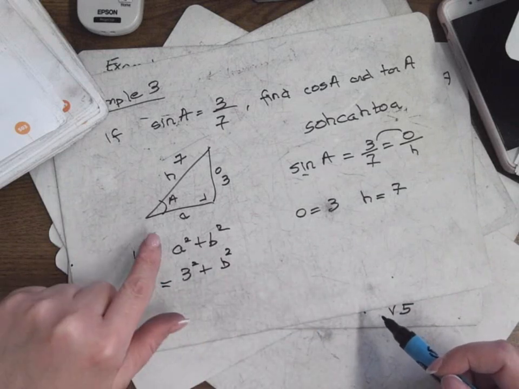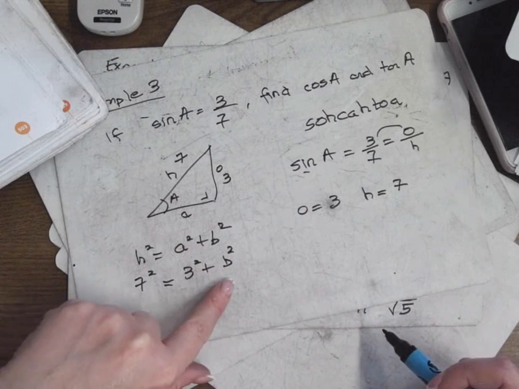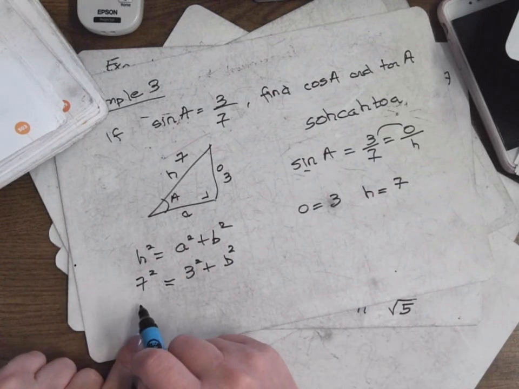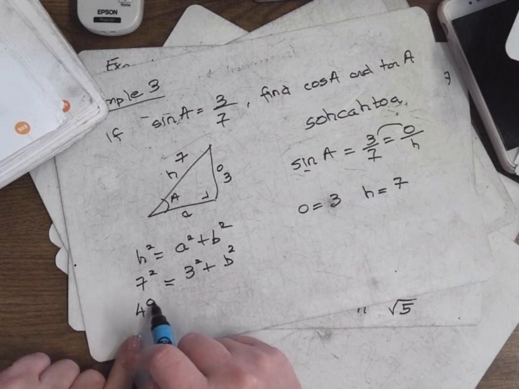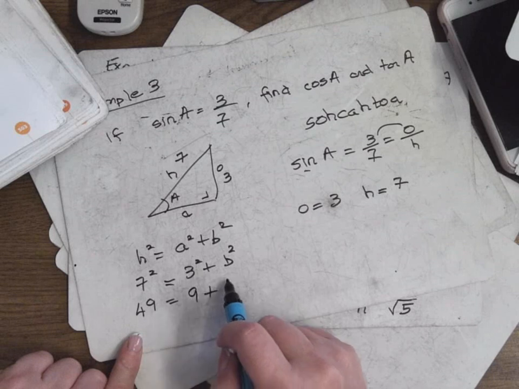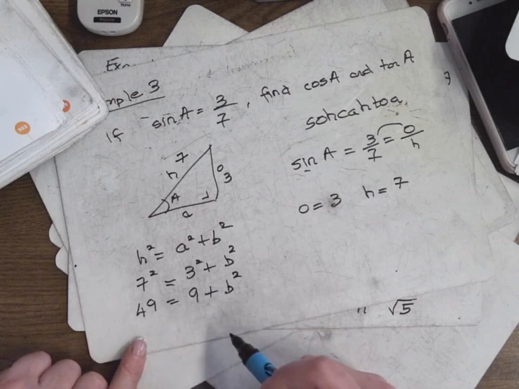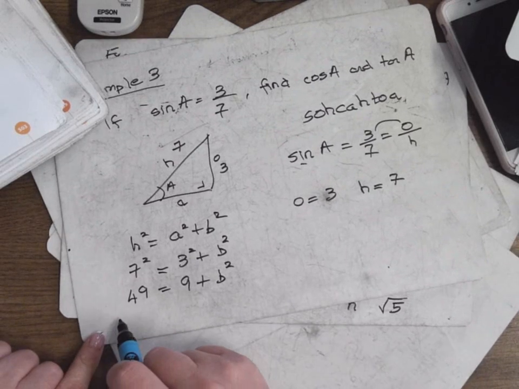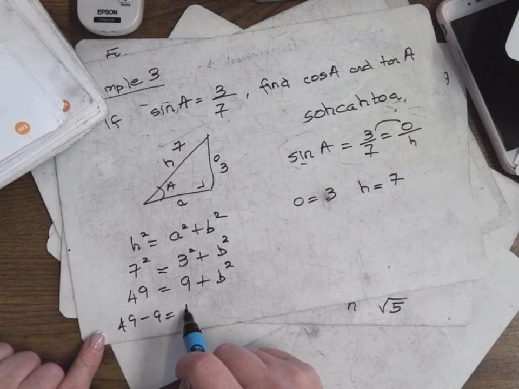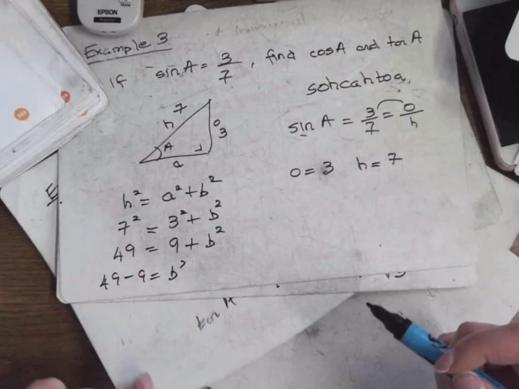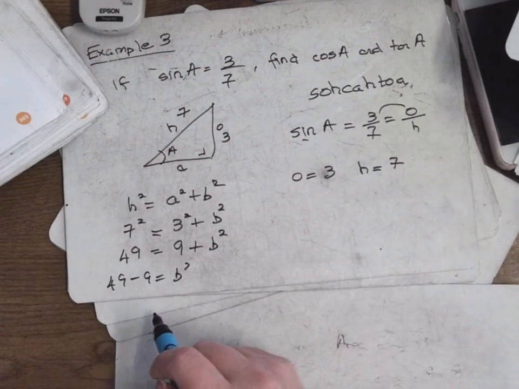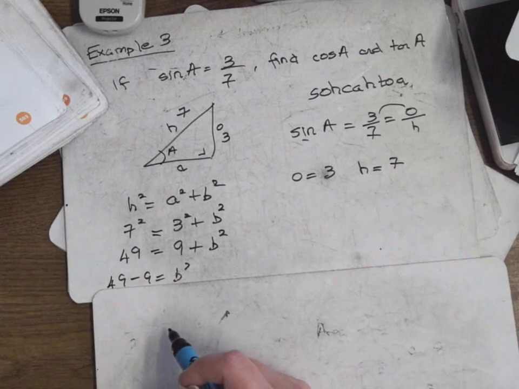It doesn't matter which you put first. 7 squared on your calculator is 49. 3 squared is 9 plus B squared. What will I do now? 49 minus 9 equals B squared. So B squared is equal to 40.